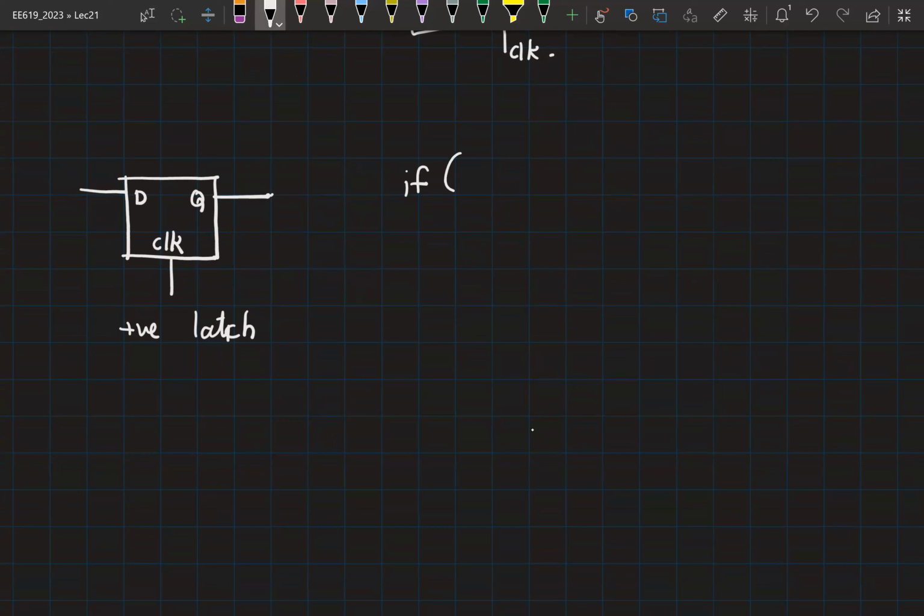Yeah. So if clock is 1, then the output is D. Right? So I'm not worried about the syntax because this is not even Verilog. I'm simply describing this in English. Else if clock is equal to 0, then the output is Q.